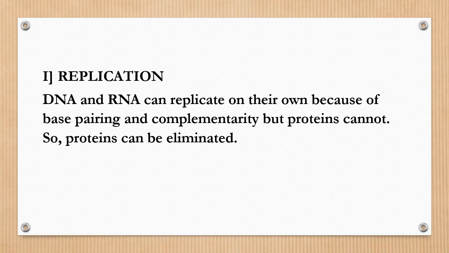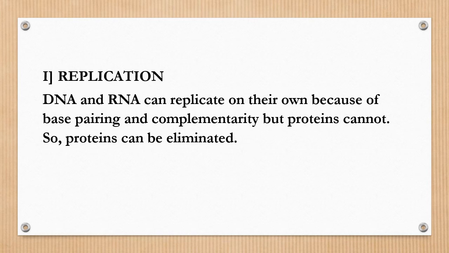Proteins were considered as the genetic material. But from 1926 onwards, the discovery reached the molecular level. Then they started to discover, starting with the Griffith experiment as the initial step, that DNA is the genetic material, not the protein.